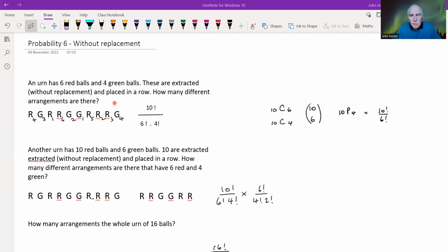Now, if we were to imagine, first of all, that these balls are numbered, so they are actually different. So there'll be 6 red balls numbered 1, 2, 3, 4, 5, 6, and 4 greens numbered 1, 2, 3, 4. When we take the first one out, it can be any one of 10 balls. Put it in the first slot. For the second one, there are 9 left, so the next can be any one of 9.